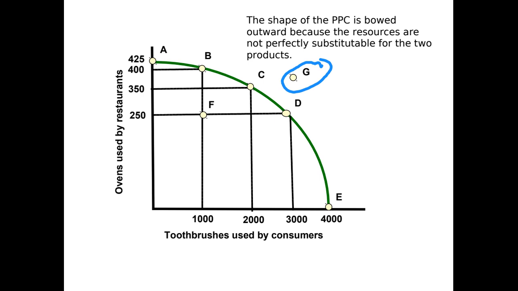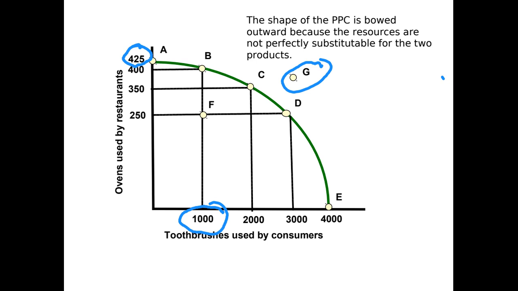For example, what is the opportunity cost of producing 1,000 toothbrushes? If this country is producing 1,000 toothbrushes, then it cannot produce 425 ovens. It is not possible because of scarce resources, because you have already employed some resources in the production of toothbrushes.